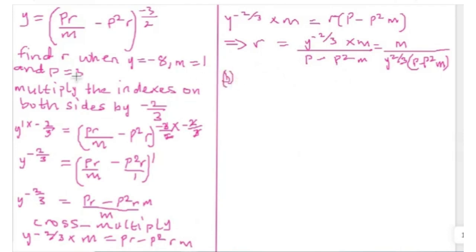The next thing, which is the B part, is what is r when y is equal to −8, m is equal to 1, and p is equal to 3. So we substitute these values.